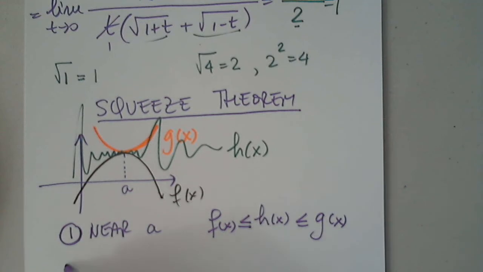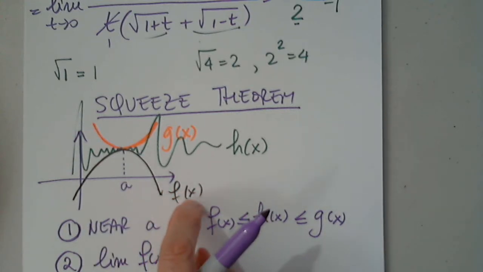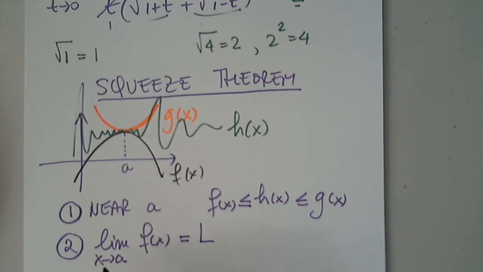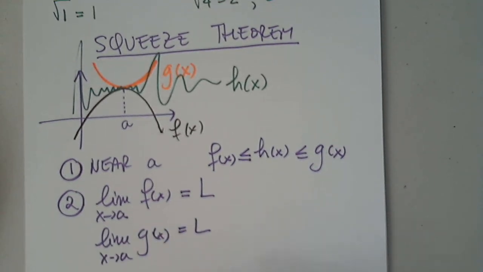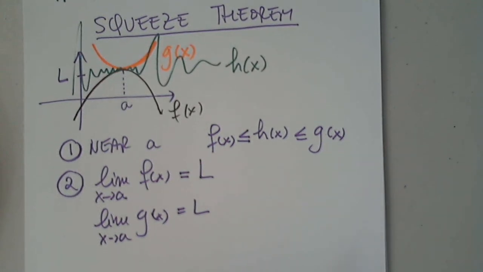Perfect. Second hypothesis, let's assume that the limit of f of x as x approaches a from either side is L. And also the limit of g of x as x approaches a also exists, and it's L, which means this is a number. So I have here L. So now here's my final question.